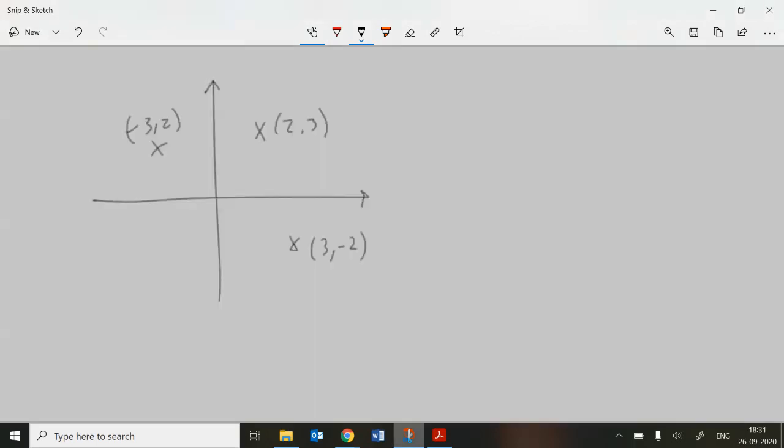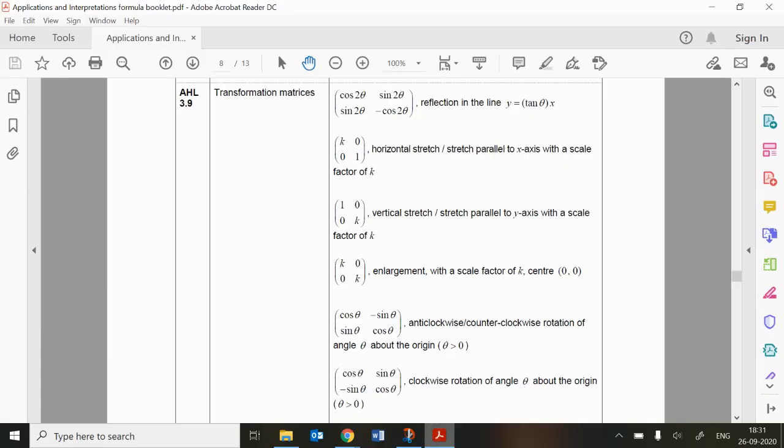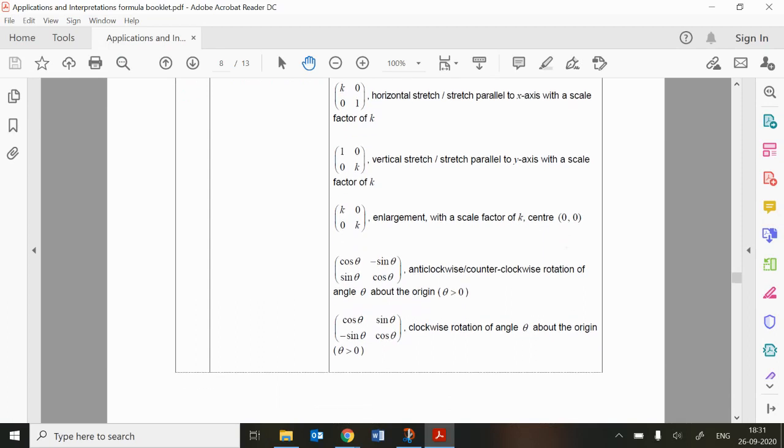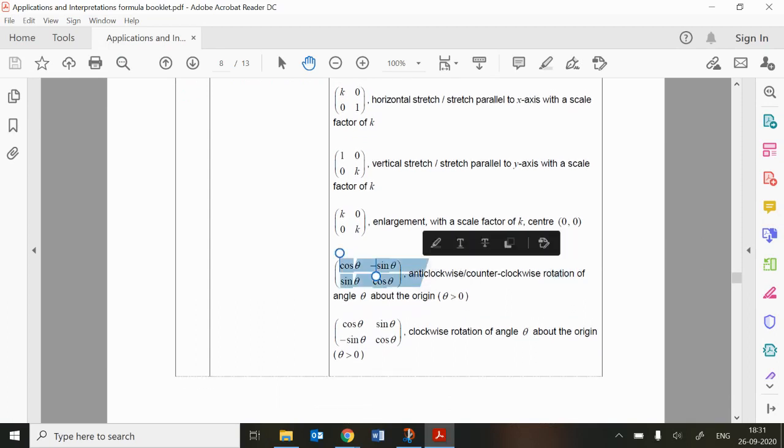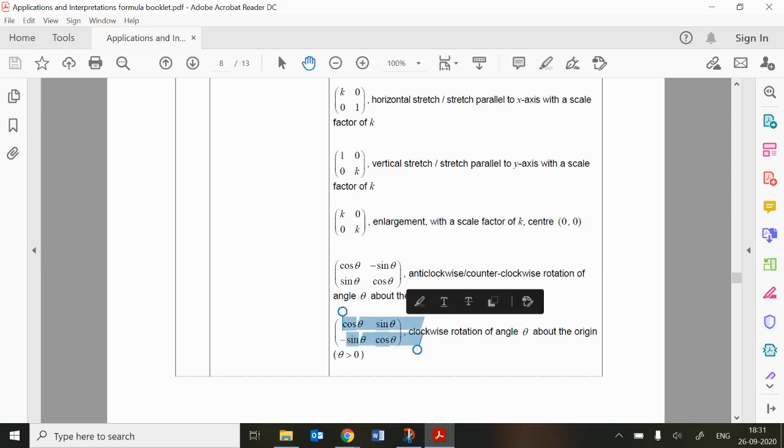Okay, so now I'm going to do a rotation matrix just in 90 degrees, just to build up the formula which we're given in the formula booklet. So just to sort of spoil it, the formula in the booklet for anti-clockwise is given, and the formula in the booklet for clockwise is also given. So if you want to skip the proof of those things, by all means you can do.